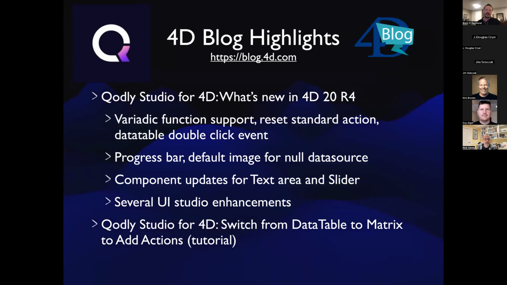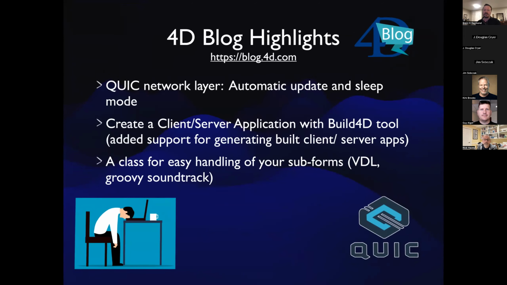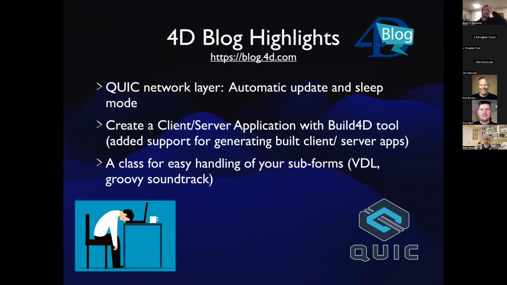So that's a neat tutorial to watch and see how one might improve the functionality in their Codely application. There are also a few other recent articles, one being the quick network layer.